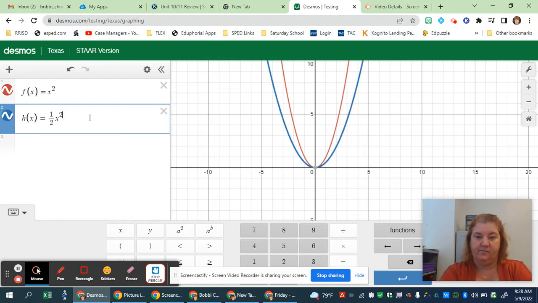There it is. So what happened? Here's my original. And what did I do? I did what we would call a horizontal stretch, or you could call it a vertical compression. So it can have two names.